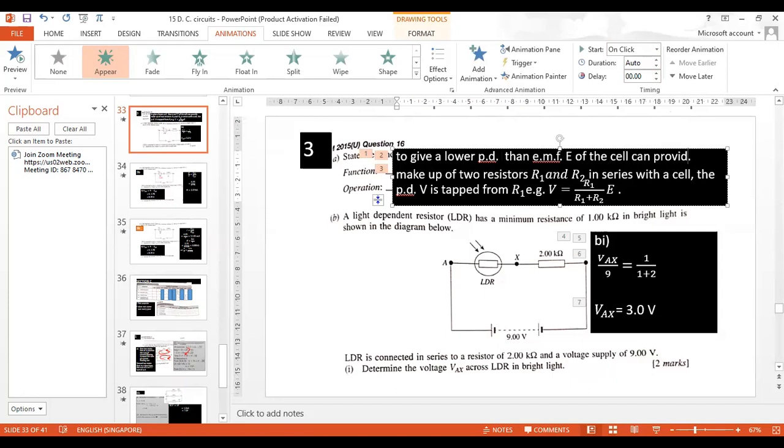Okay, or a fraction, same thing. Either a fraction or give a lower PD. Idea is to give a lower PD.